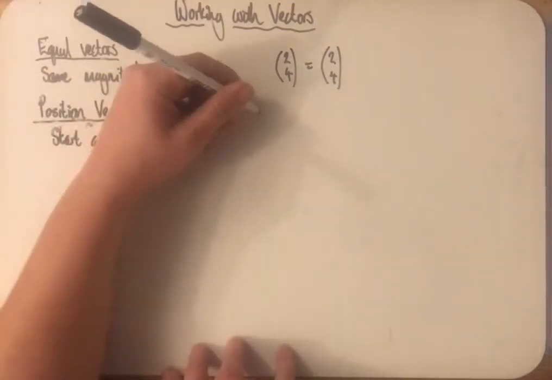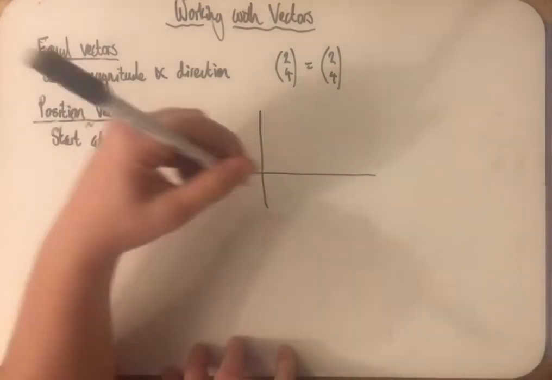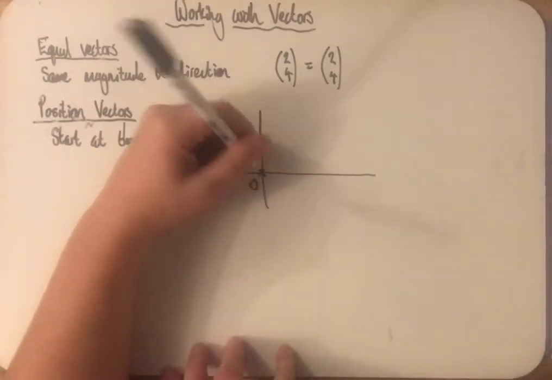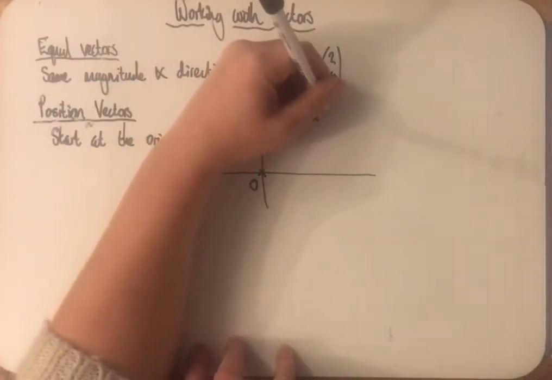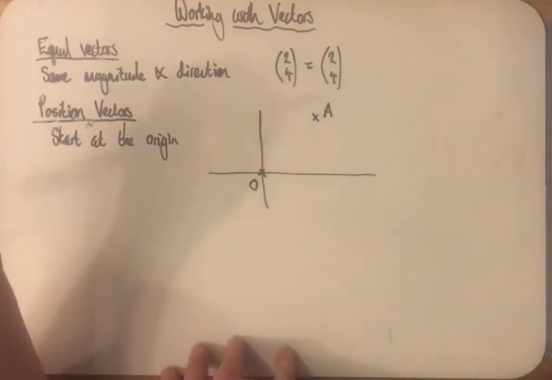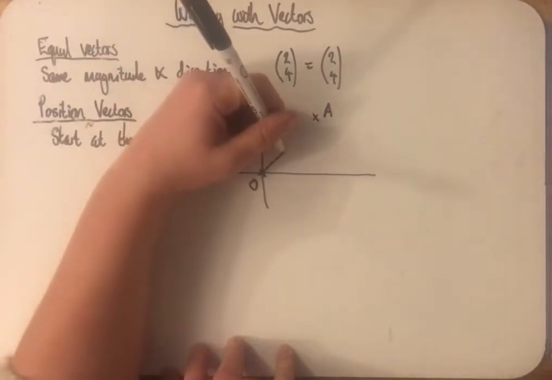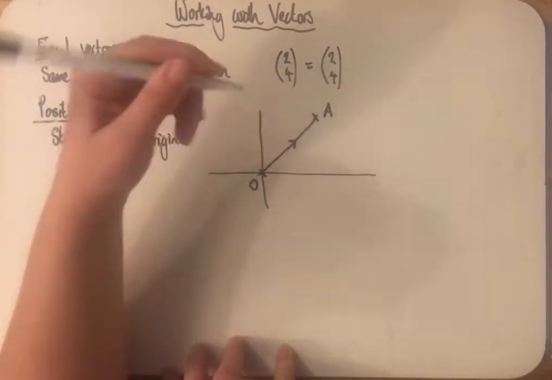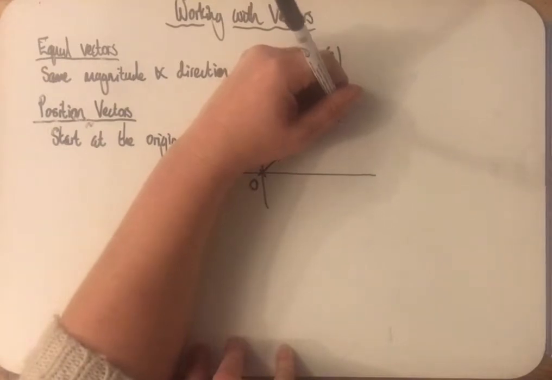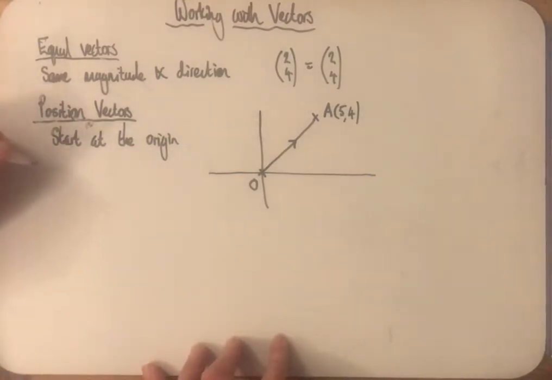So if we've got 2D space, origin, and we've got a point A, then we could talk about the vector which takes you from the origin to A. If the coordinates of A are 5, 4, then the position vector of A, two ways to write this.